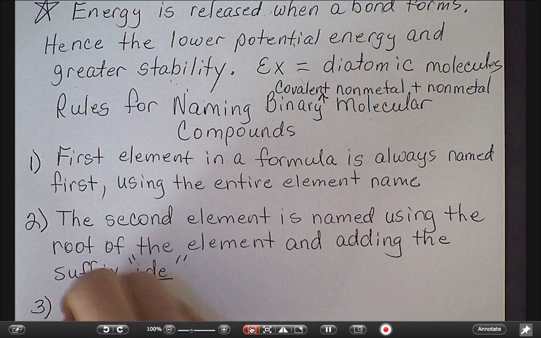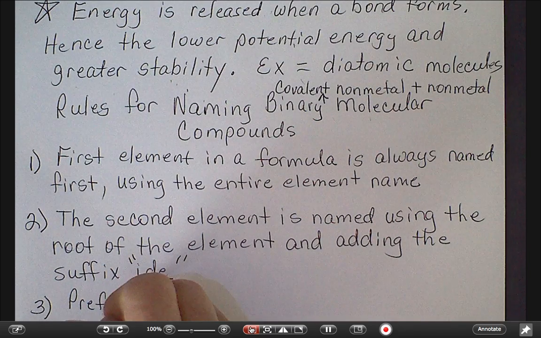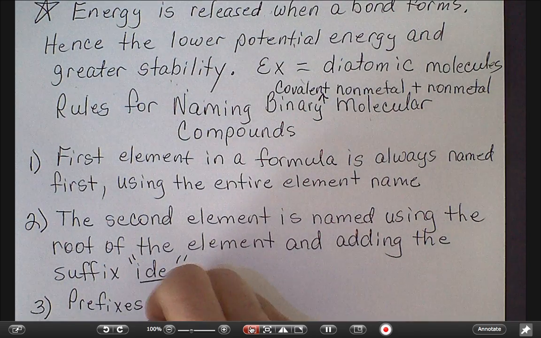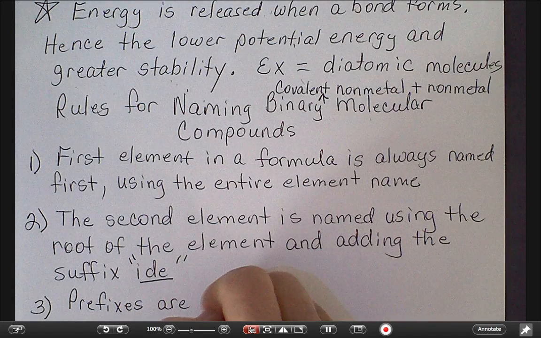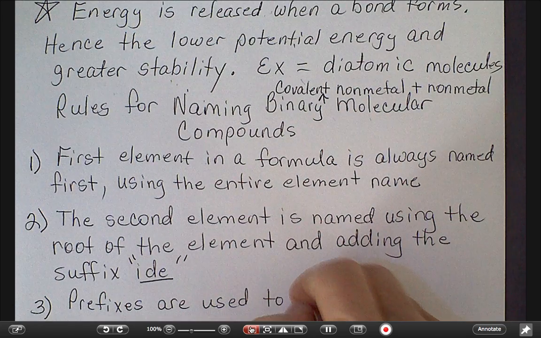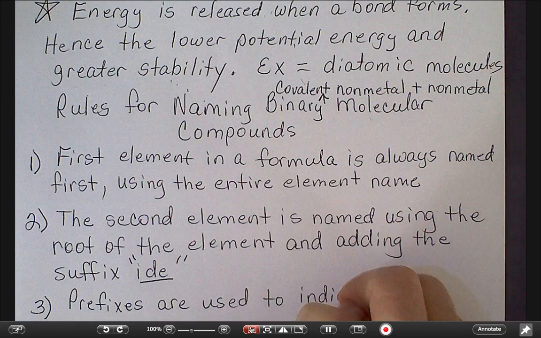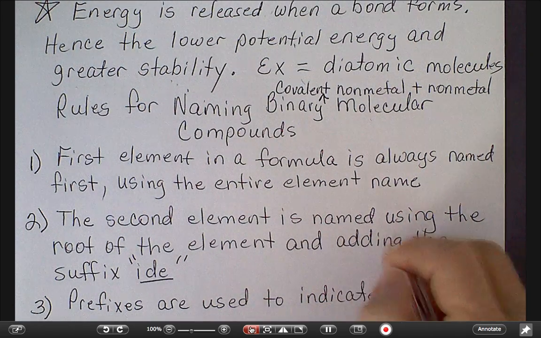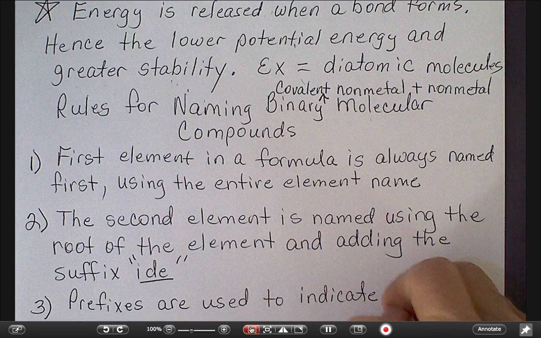Rule 3. Prefixes are used to indicate the number of atoms.